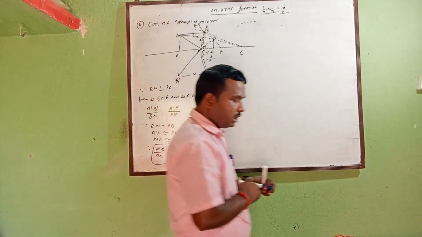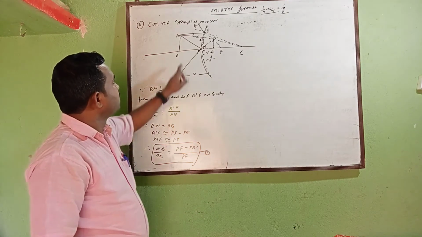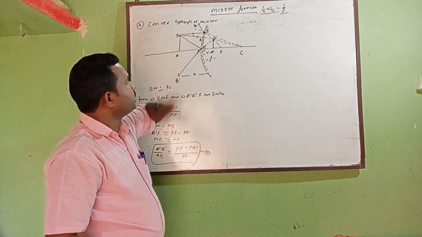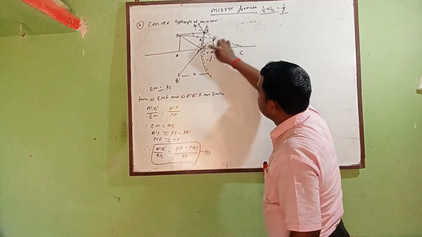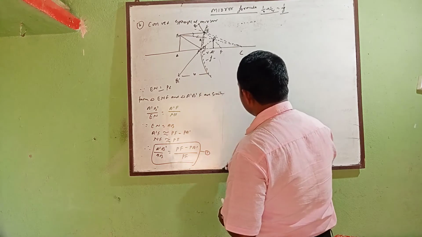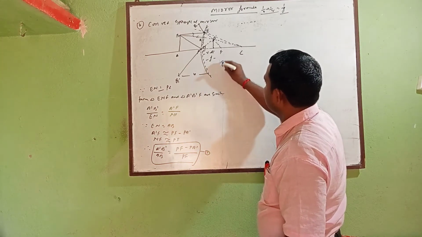Similarly, next we can take which triangles? ABP and A dash B dash P. Same things you will take now.